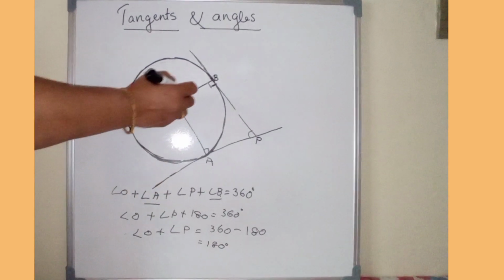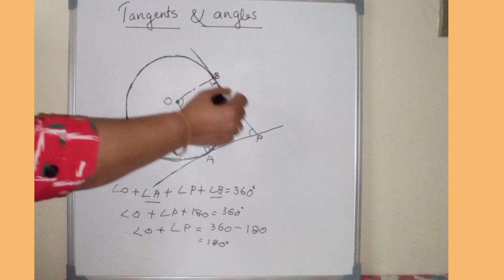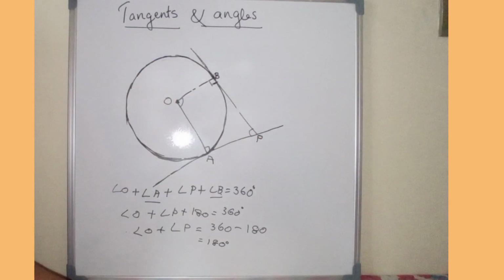So, the radii through 2 points and the tangents through those points form a cyclic quadrilateral. So we have a result: the quadrilateral with the vertices at the center of a circle, 2 points on it, and the point where the tangents at these points meet is cyclic.